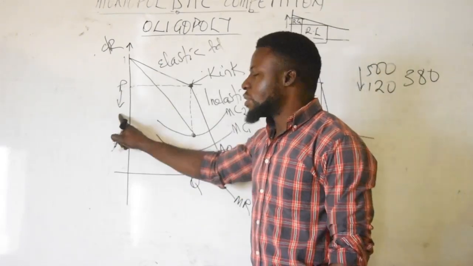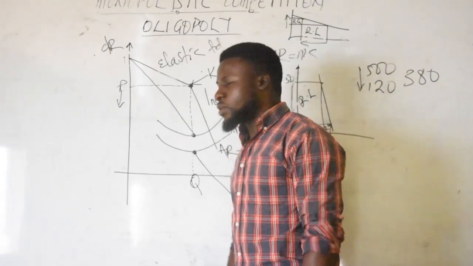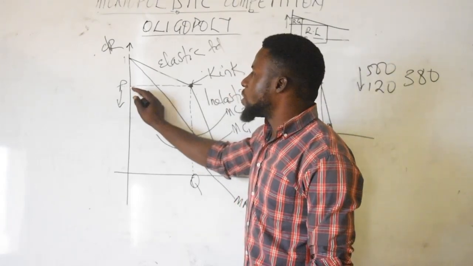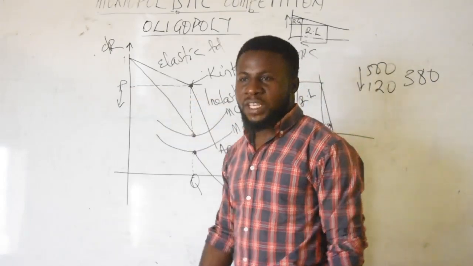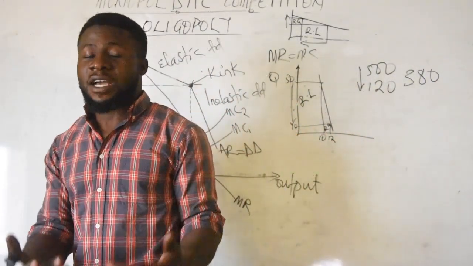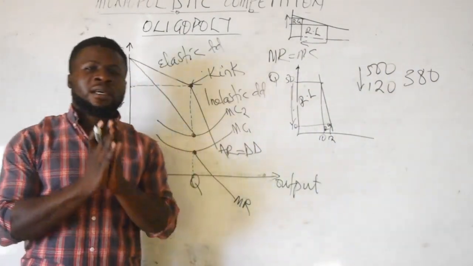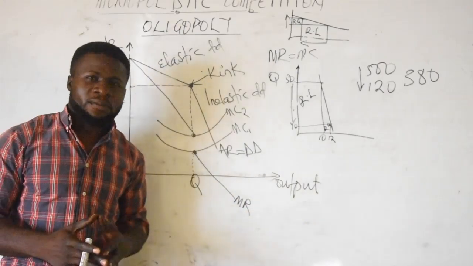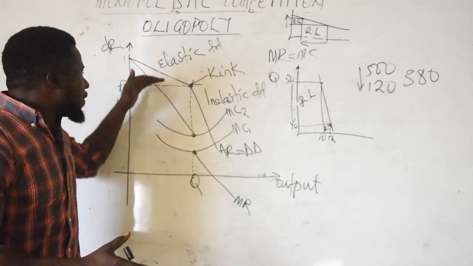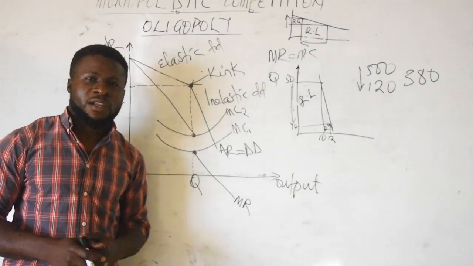So reducing prices is not profitable. Raising prices is also not profitable. Firms under oligopoly are bound to maintain prices at the point of kink. That is what we call collusive action. They collude. They have a tacit agreement, and they decide that they will look for alternative means of competing with each other, since varying their prices has not been profitable or beneficial to any of them.